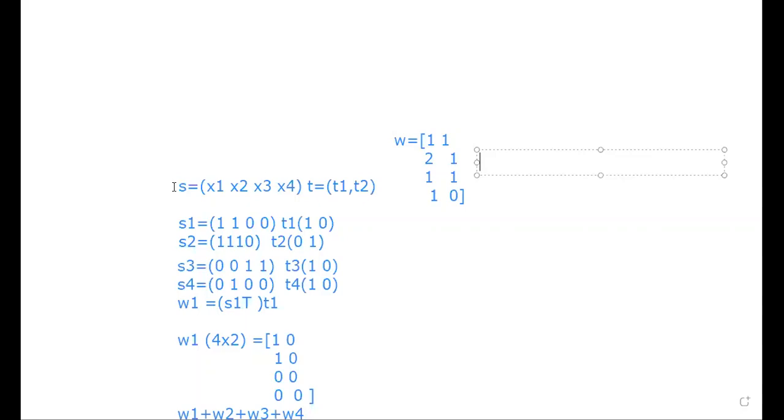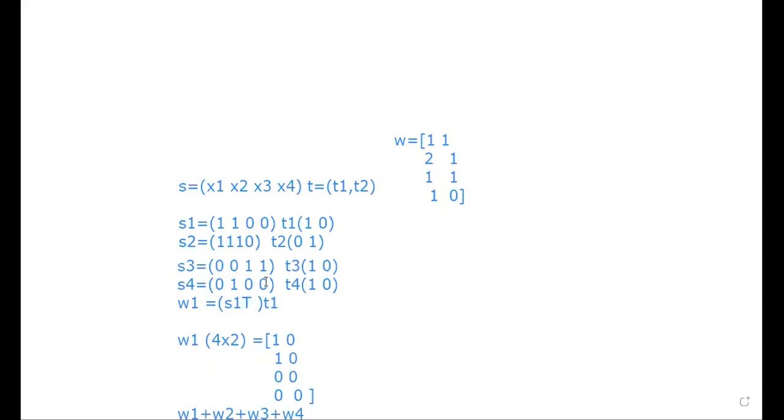So different patterns are present for S, for all the x1 to x4. See different combinations. Here you can observe. S1 is 1100, S2 is 1110, S3 is 0011, S4 0100.